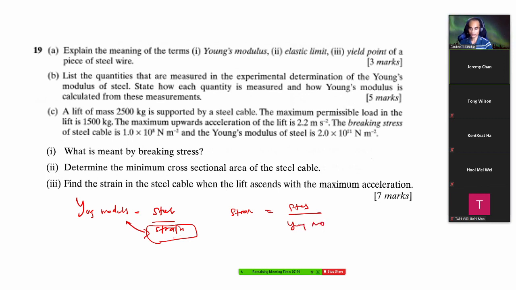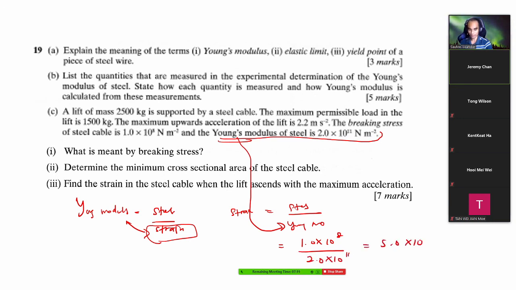The Young modulus has been given in the question. So you have 1.0 times 10 power of 8 divided by 2.0 times 10 power 11. Then you have 5.0 times 10 power of negative 4. It doesn't have any unit, because length divided by dimension of length cancels out.